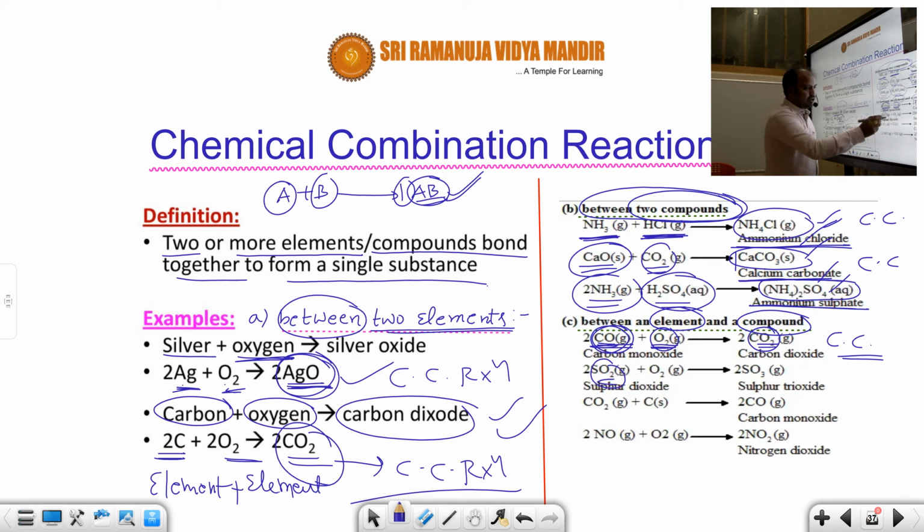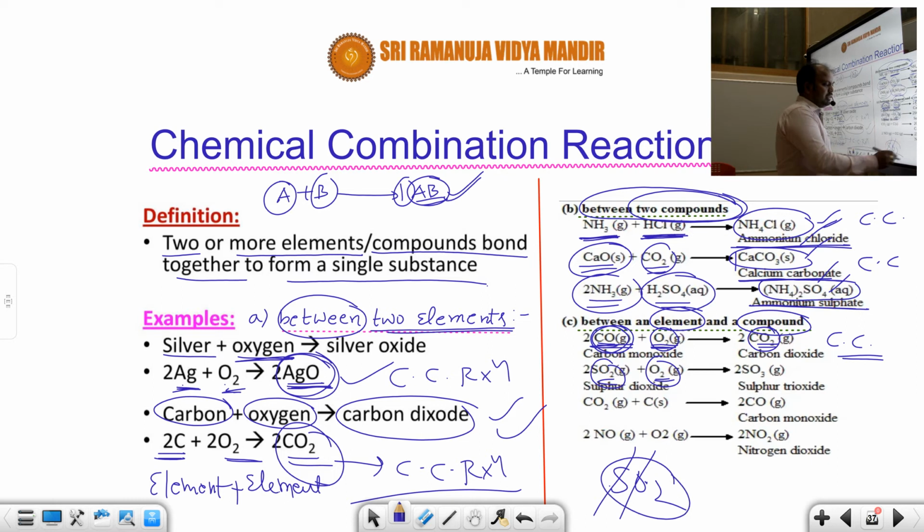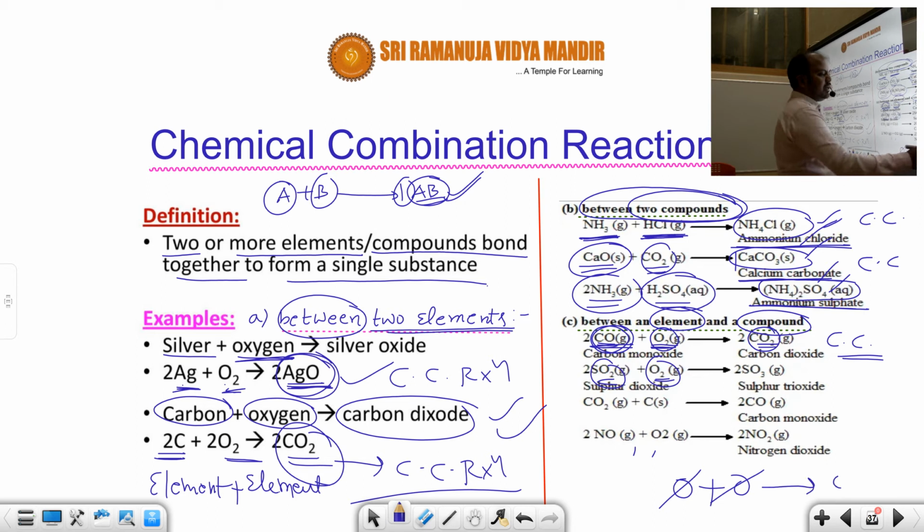And sulfur dioxide is the compound which is reacted with oxygen gas. How can I say this one? Sulfur is one atom, oxygen is a different atom. Both are different atoms. That's why SO2 is a compound. It is reacted with which one? Oxygen gas. What is oxygen? O plus O, both oxygens are the same atom. In O2, how many oxygens are there? Two oxygens, the same atoms.